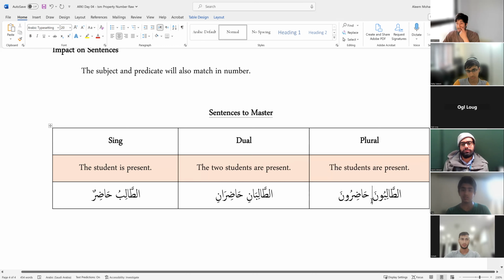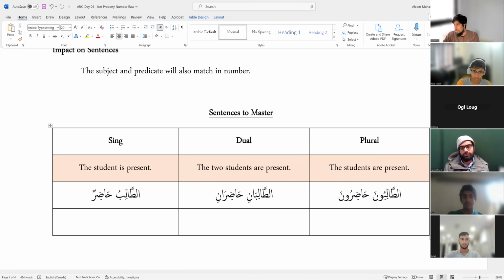And it's in a state of rafa. Even though there's no dhamma ending here, I know to look for the una ending, and that will show it's in a state of rafa. Therefore, it is my mubtada, right? And then hadiruna, in this case, I know that it's indefinite, even though it doesn't have a double ending. Why do I know that? Because there's no alif lam there, right?